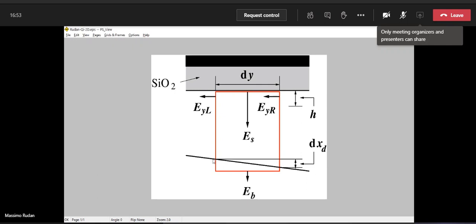So the depth of the space charge region is xd on the left, and instead it is xd plus dxd on the right. Okay, we assume that they are different and that the depth on the right is larger than that on the left. Somewhere near the interface, we have the inverted charge, okay?